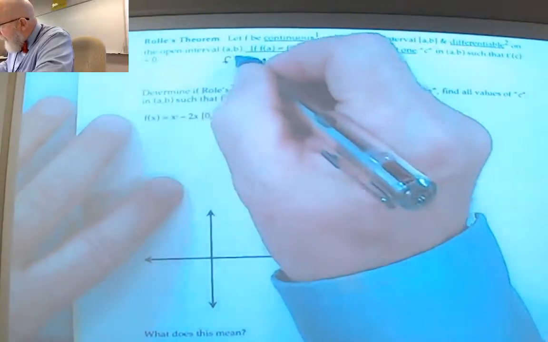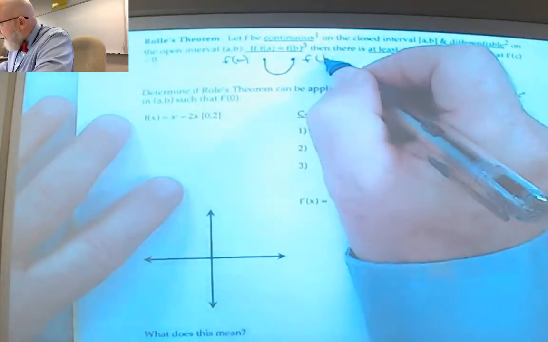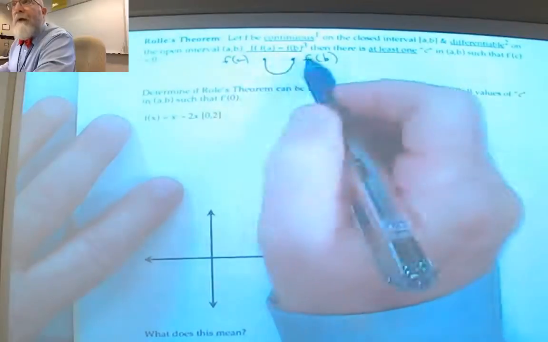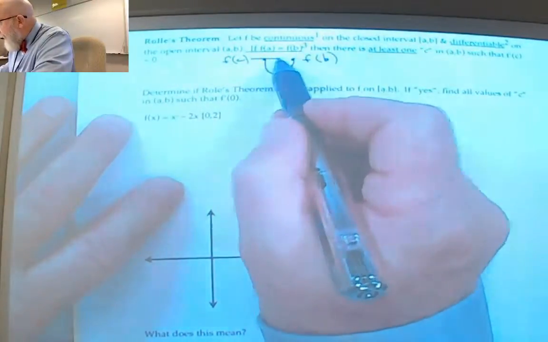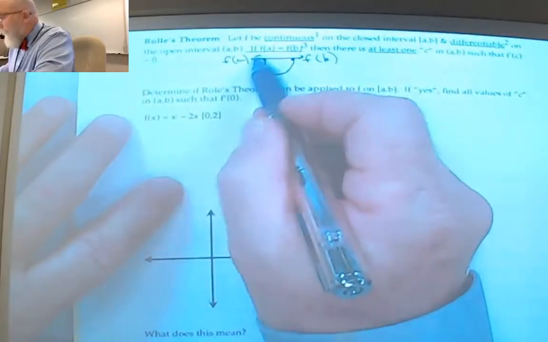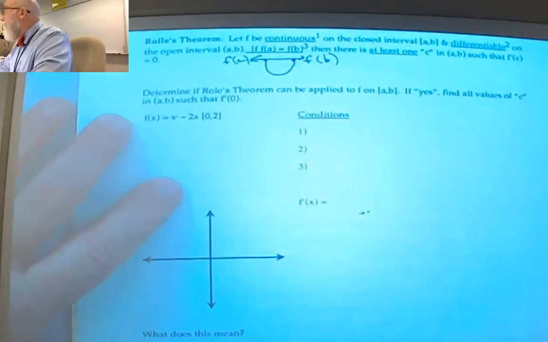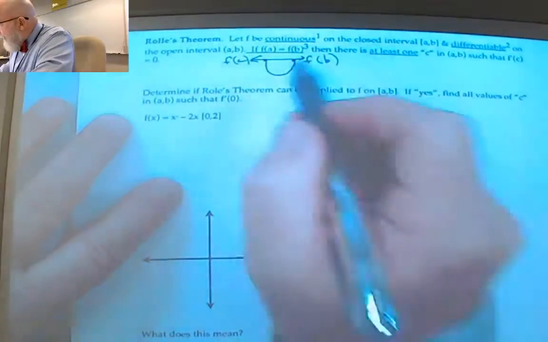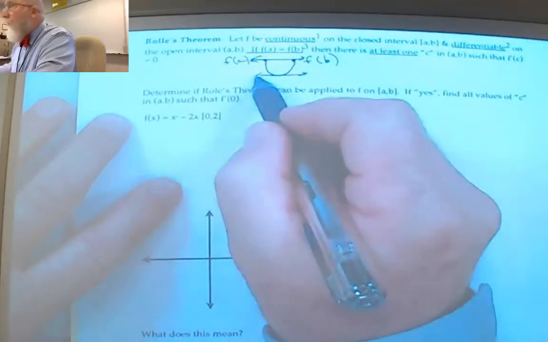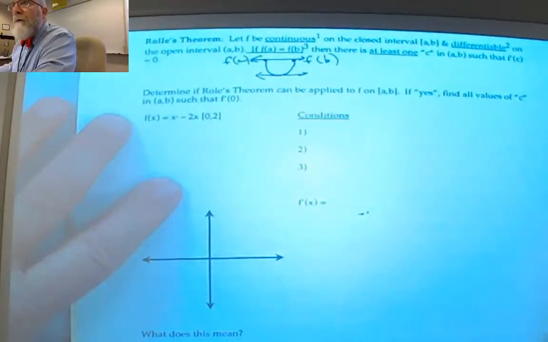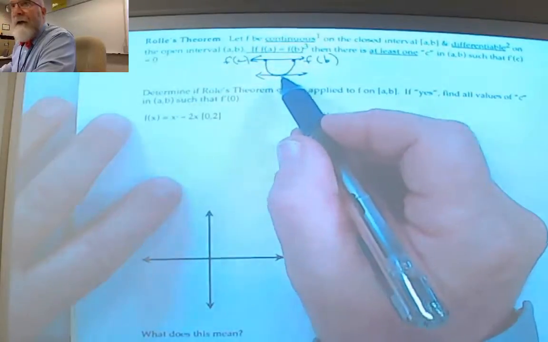Here's f of a, here's f of b. They're equal to each other. They have the same y value. Well, that means the secant line is horizontal. That means the slope is 0. That must mean that there's a tangent line that has a slope of 0. That means there has to be a relative min or max at that c.